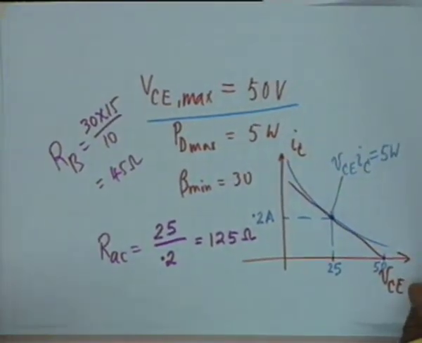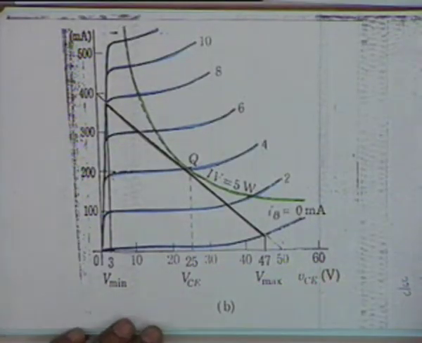But the next question is, how is the efficiency affected? What is the efficiency of this particular circuit? For that, of course, we shall have to look at the exact characteristics, and the characteristics of this transistor are depicted here. Now comes the question of practical considerations.